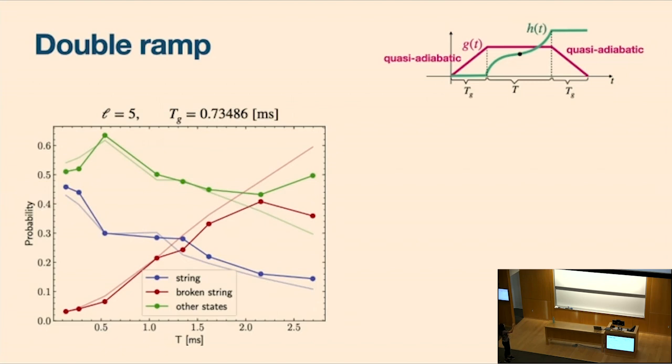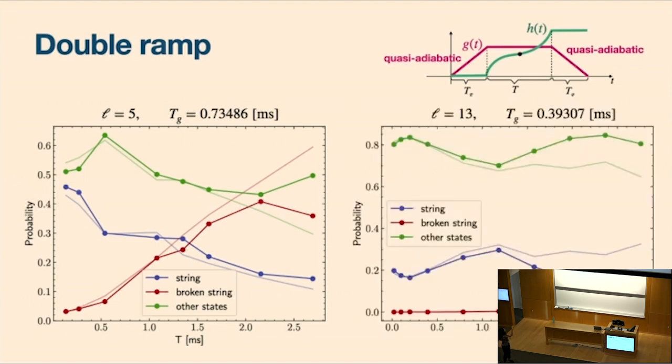So here I'm plotting the probability of finding the all down, the string state, or the all up, the broken string state, at the end of this double ramp. And this is the probability of the other states. This is as a function of the time of this ramp. And so you see again that the probability of string breaking grows with the time of this ramp.